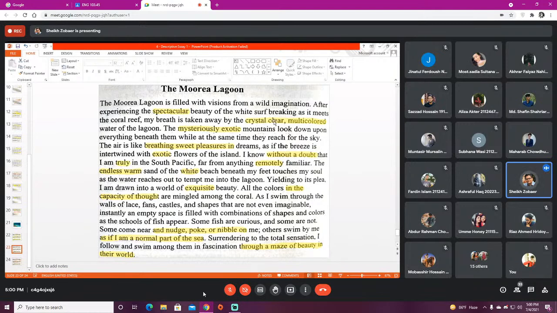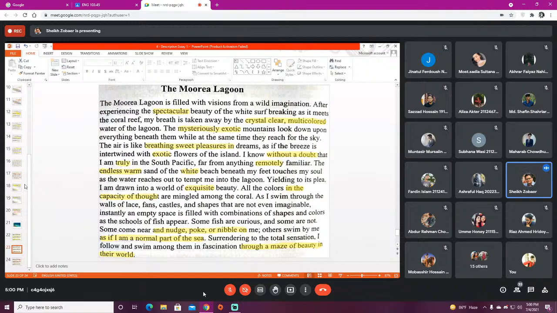So not only are you adding more descriptive detail to what kind of water you're talking about, by doing so you're also using sensory image. Multicolored, crystal clear, and again, white beach. And it can continue like that.